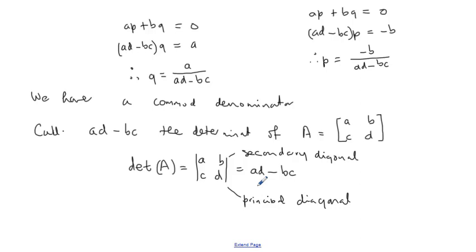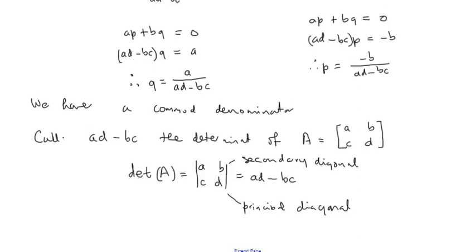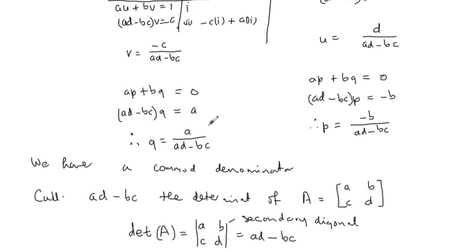All together. Now let's come back and check what it is here. Let's look at these four values: U, V, P, and Q. When are we going to have a problem with them?